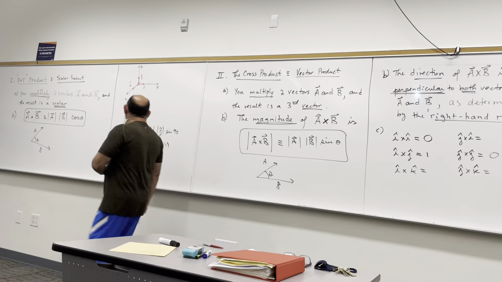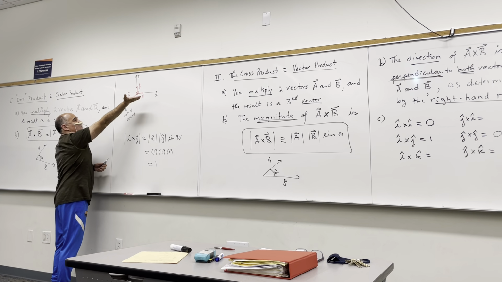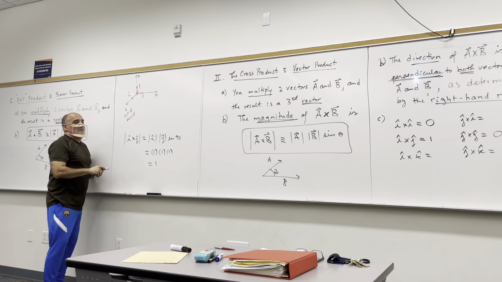So I cross j is a vector whose magnitude is 1 and points out of the board. So what is the vector whose magnitude is 1, which points out of the board? K hat. So I cross j is k hat.